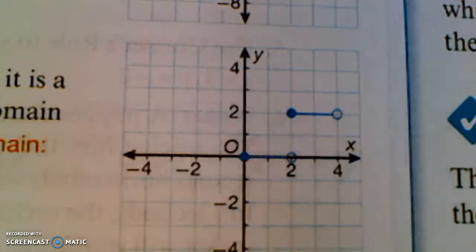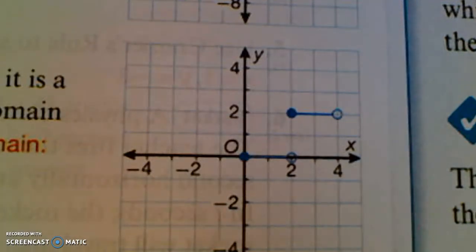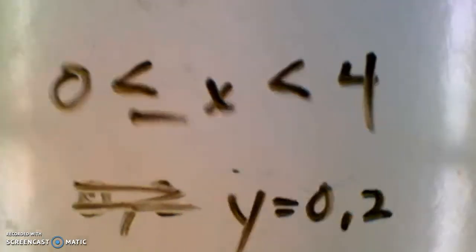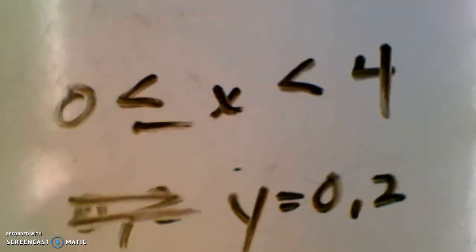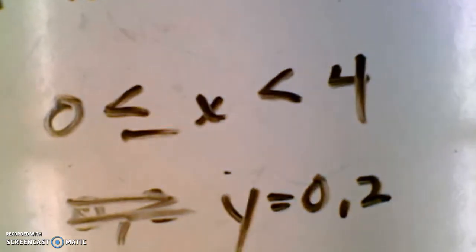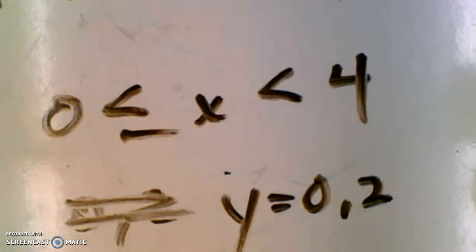So for the range, maybe we should say this: y equals 0 and 2. So, x is greater than or equal to 0 and less than 4, and y is only 0 or 2.